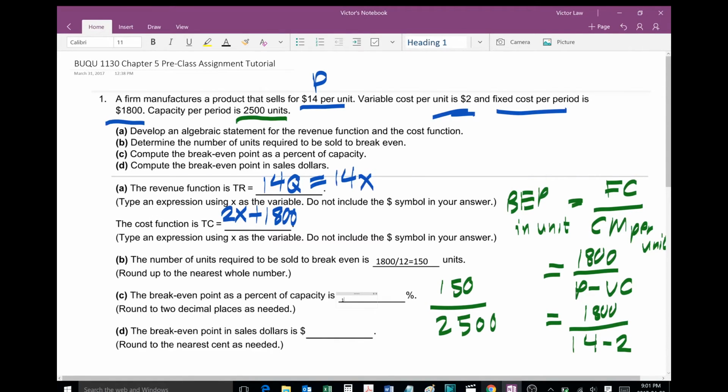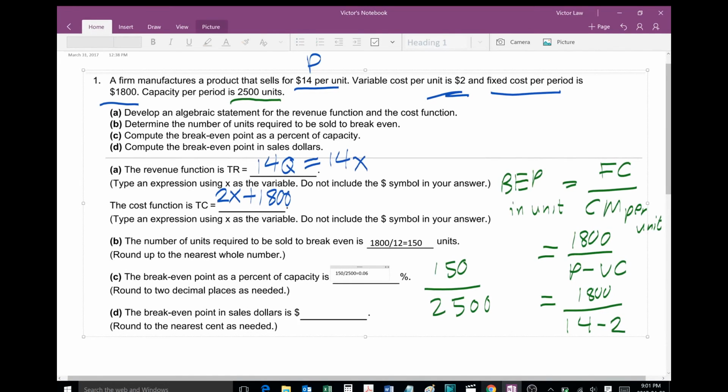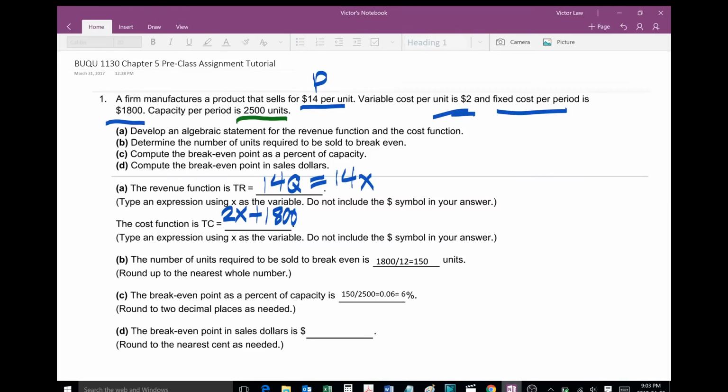I'm gonna make it bigger. So 150 divided by 2,500 is basically 0.06, which equals 6%.